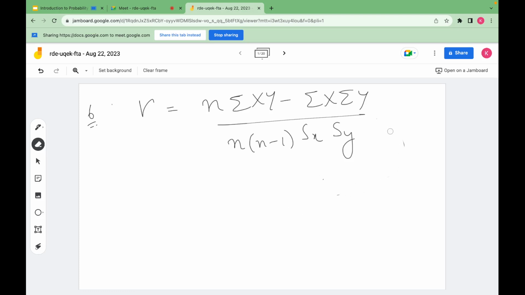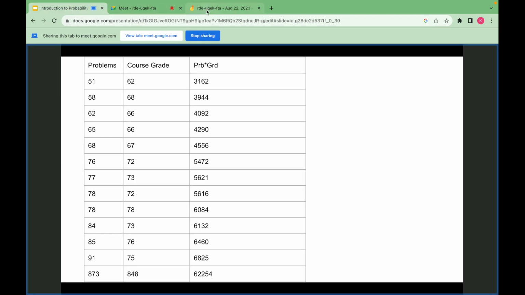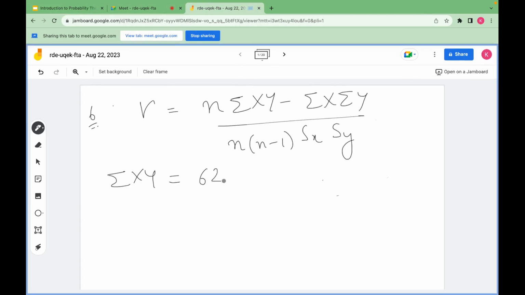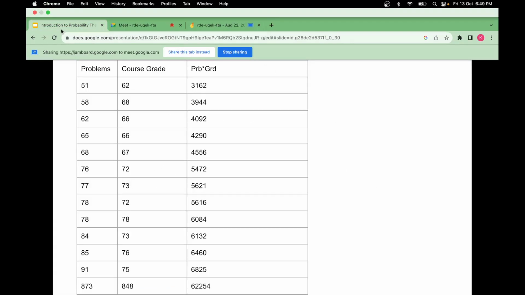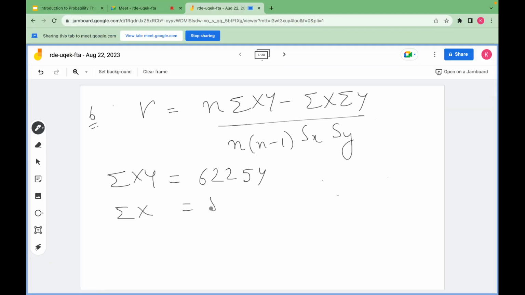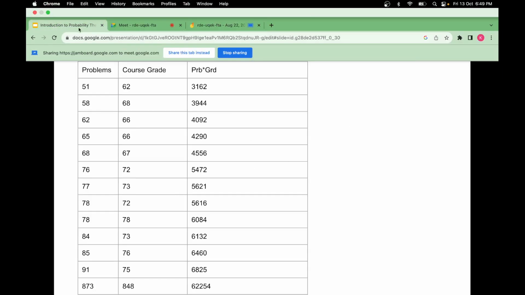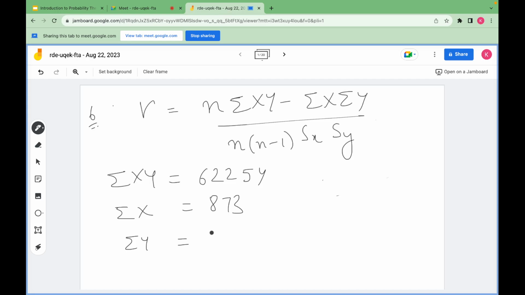Sigma xy is 62254. Sigma x is 873. Sigma y is 848. N is equal to 12. And from the data we will find the values of Sx and Sy.